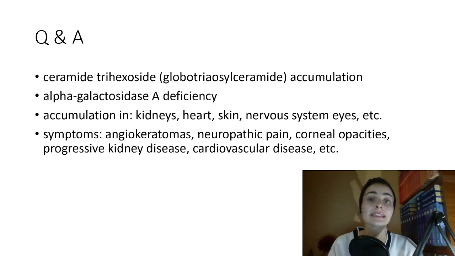It accumulates in skin, which results in angiokeratomas, which we saw in the picture. It can accumulate in the nervous system, which can result in neuropathic pain, the severe burning pain in hands and feet. And it can accumulate in the eye, but specifically in the cornea rather than the retina, so it appears as corneal opacities. It's not a cherry red spot on the macula, this is corneal opacification.